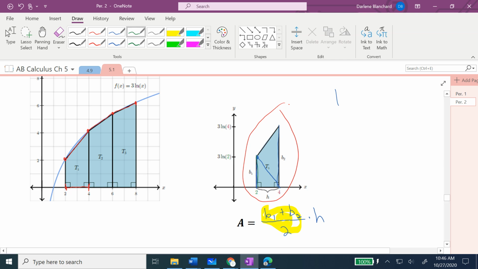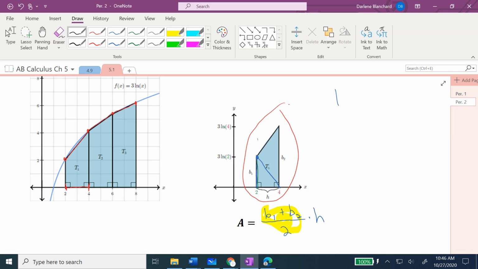So if you are able to find the average of these two lengths, then you can actually make a rectangle out of that with an equal area. Just find a way for you to remember this formula.